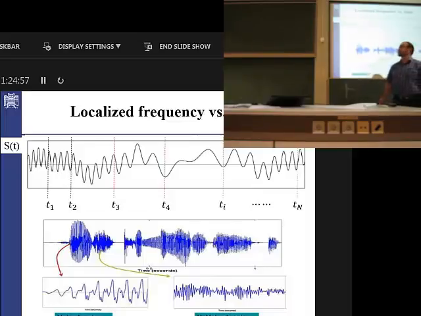The same thing happens. Between t4 and t5, you will lose the high frequency components and you'll just have very smooth and low frequencies. You see that the variation in the signal is very smooth. And then suddenly here, between, for example, t5 and t6, you see that different other frequencies start happening.